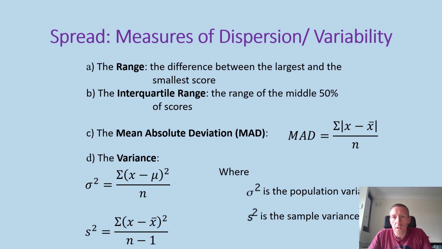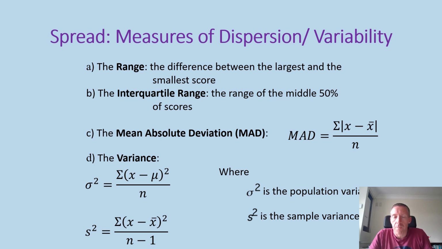But because of the way the mean is constructed, some of your data points will be above the mean and some below, so some will be negative numbers, some positive, and those will cancel out. To deal with that, you take the absolute value, and that's what these two vertical bars after the sigma sign in the numerator, the top part of the division for the MAD, are.